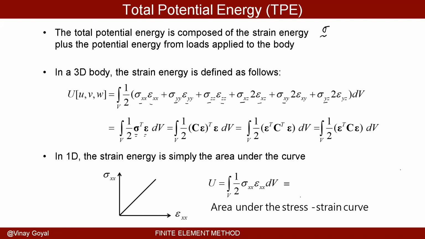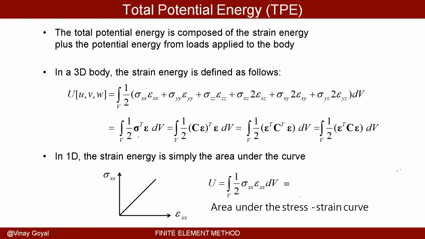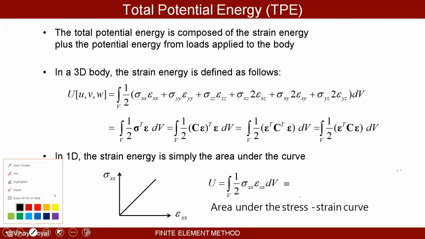Instead of writing that whole thing at once, I can write it in matrix notation because it saves me time. And we found from the previous lecture I can do that. So stress bold times epsilon bold is exactly what you see above, no different. This right here is equivalent to that.